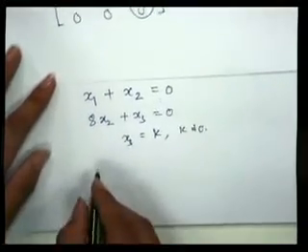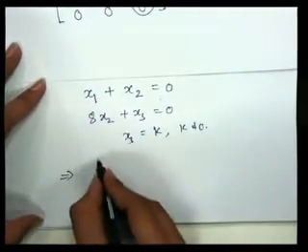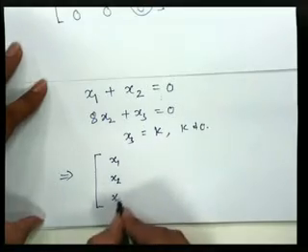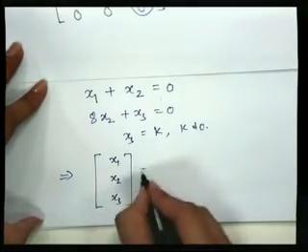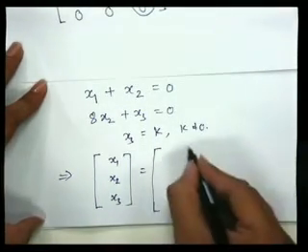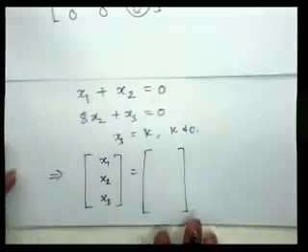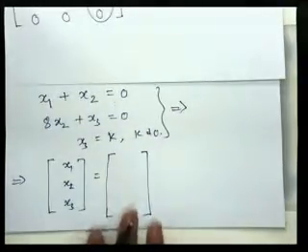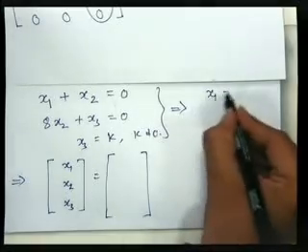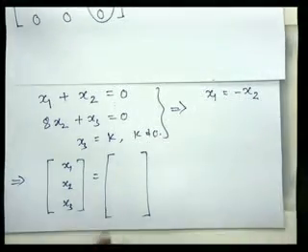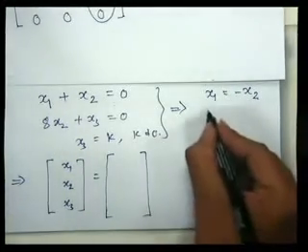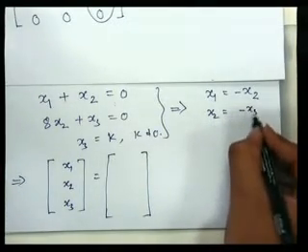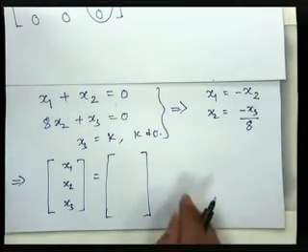Therefore we have this vector x1, x2, x3. What is that vector? We have x1 is the same as minus x2, then x2 is equal to minus x3 by 8 and x3 is equal to k.